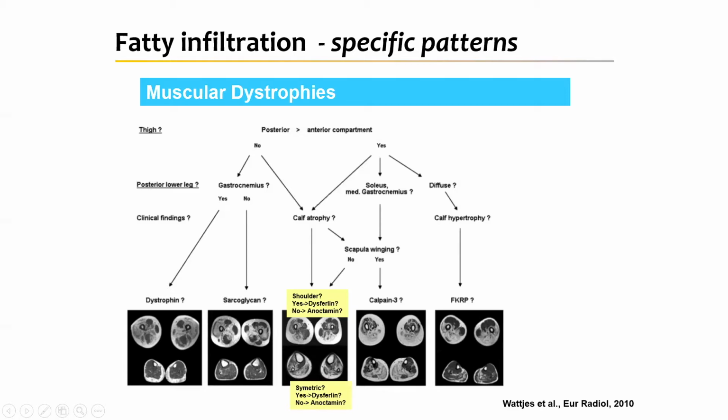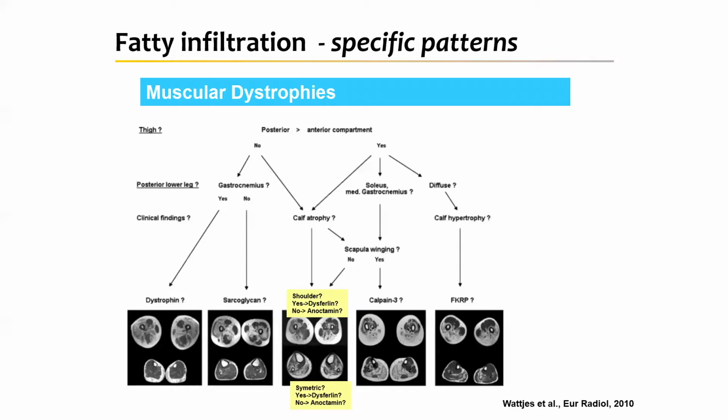It's much less balanced nowadays, because we know, thanks to the very large study sponsored by the Jain Foundation, that in dysferlin, about 25% of patients have some degree of asymmetry. And the same for the shoulder. Initially, we were thinking that in anoctamin mutation, the upper limb would be preserved.